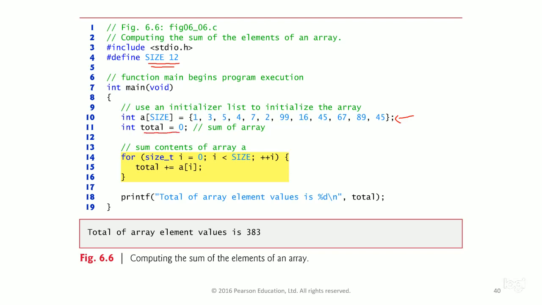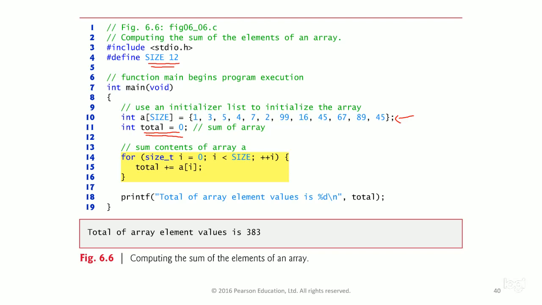You could call it total and set its initial value to be 0. You could also call it sum and set it to 0. And then what you can do is browse through your array, so walk through all the elements one by one.